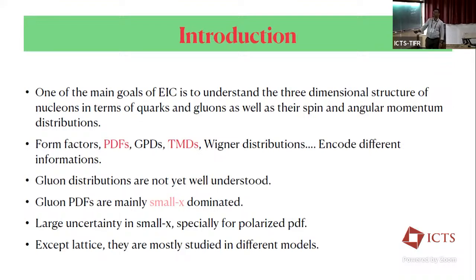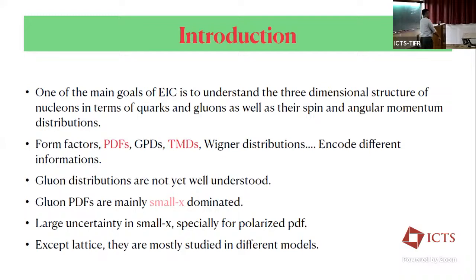From yesterday, we have been listening to talks on PDFs and TMDs. In this talk, I will also cover some PDFs, TMDs, and also GPDs. All these distributions are studied in different models because these are mainly non-perturbative objects.